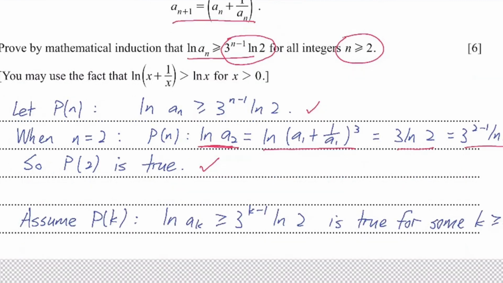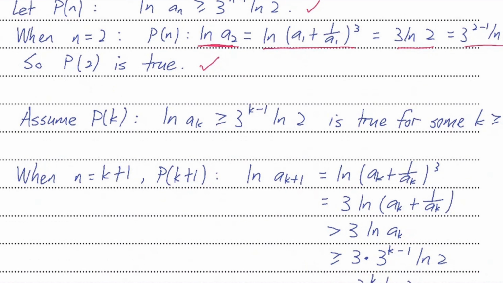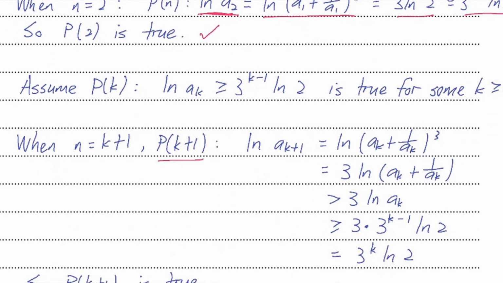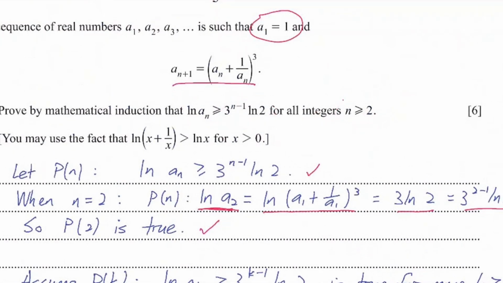Now assume P(k), as usual. When we move to n equals k plus 1, we are proving P(k+1). This is an inequality, so what we want to see is that ln of A(k+1) is greater than or equal to something, until the last thing we want to see, which is 3 to the power of k times ln 2.